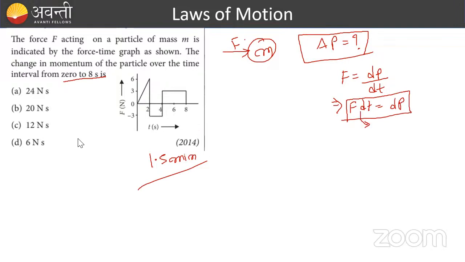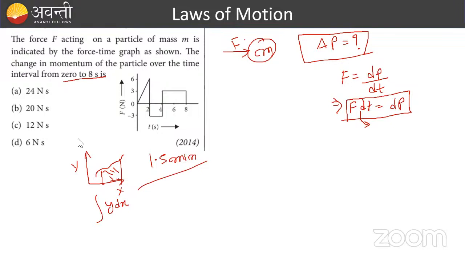Now you just see here, this is an F versus T curve. I told you people earlier that if there is y along this axis and x along this axis, and the curve is like this, then the area under the curve is written as the integration of y dx. So basically y into dx will deal with the area.